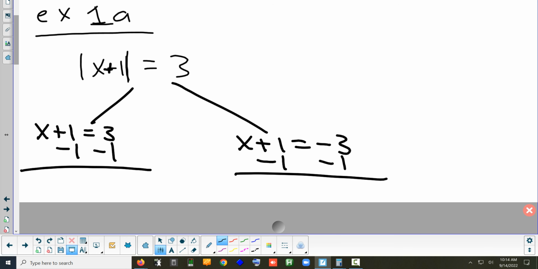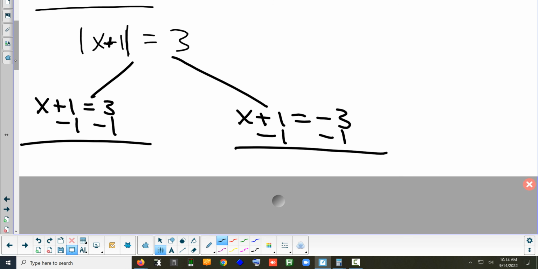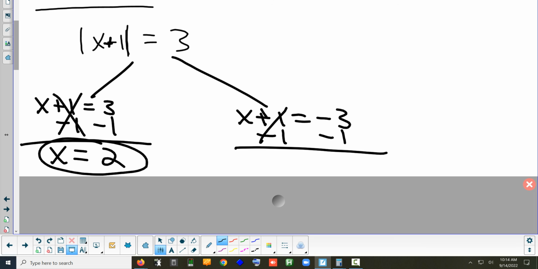And Anaya, what's a plus 1 and a minus 1? Nothing. Cancels. It's gone. X equals, and Joe, what do I get in this case? X equals how much? 2. Very good. That's my first answer. Second answer, plus 1 minus 1 is gone.